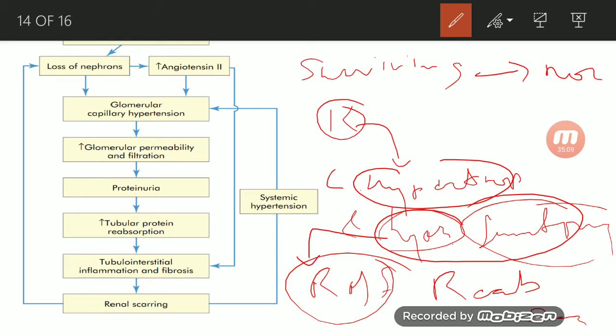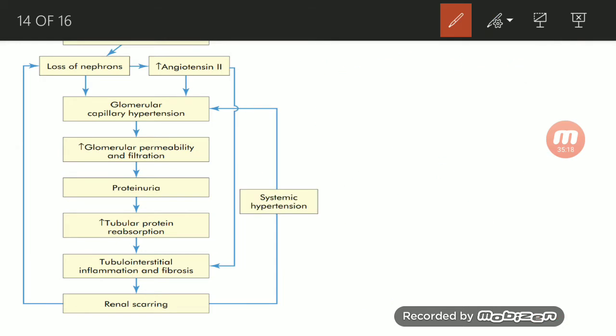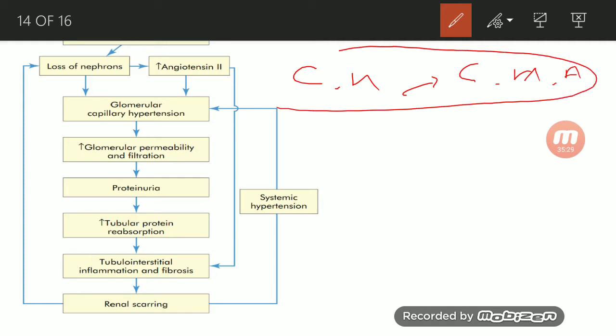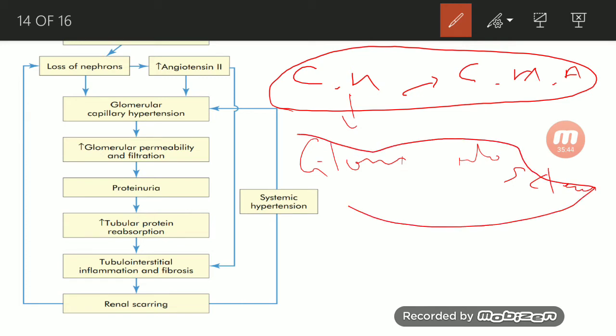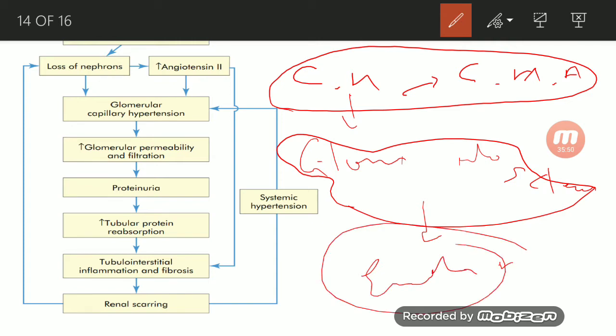But as this keeps going, with compensatory hypertrophy and compensatory hyperactivity or hyperfunctioning, as time moves on this will lead to glomerulosclerosis, and finally you get end stage renal failure.